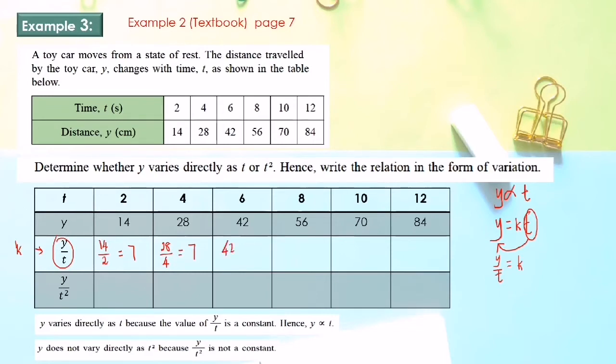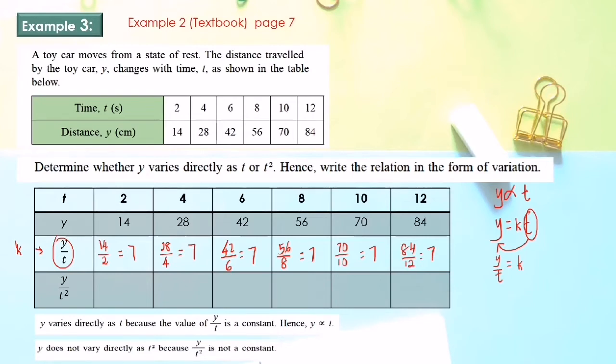Okay, next, 42 over 6 equals to 7. 56 over 8 equals to 7. 70 over 10 equals to 7. And the last one, 84 over 12 equals to 7. Okay, now we check for the second line.